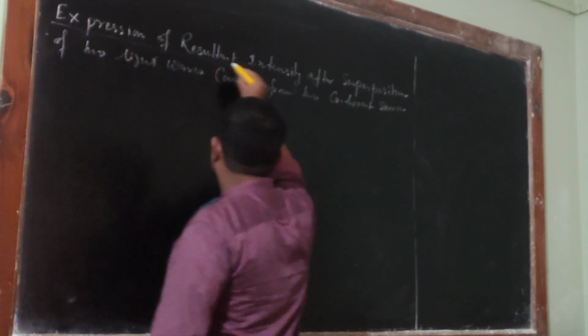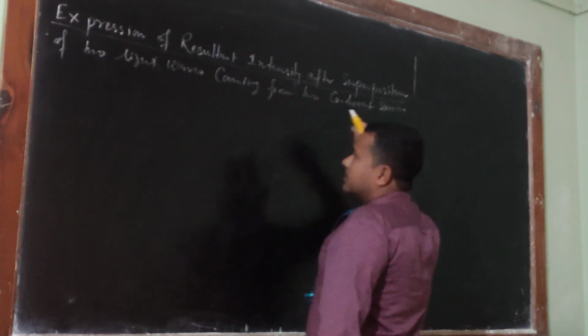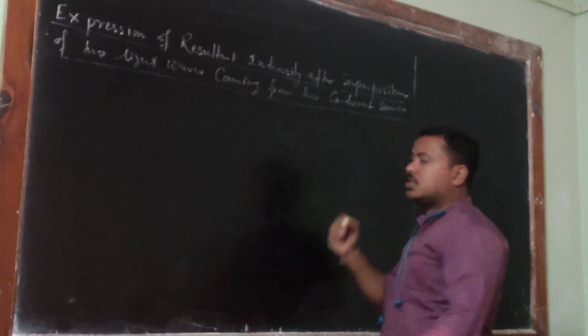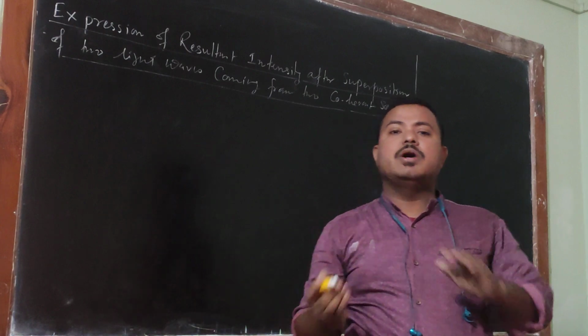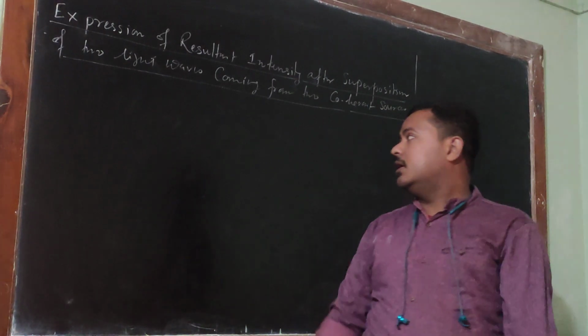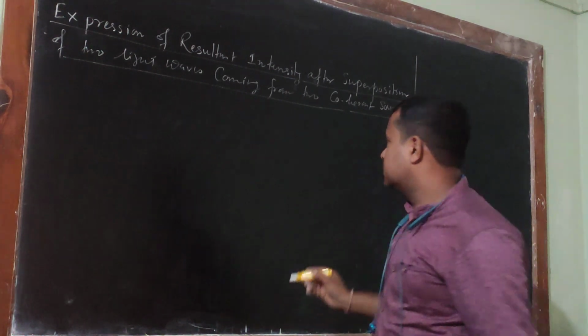Now here I derive the expression for resultant intensity, because from that expression you can find the condition of what? Constructive and destructive interference. That means when you will get bright and dark fringes.